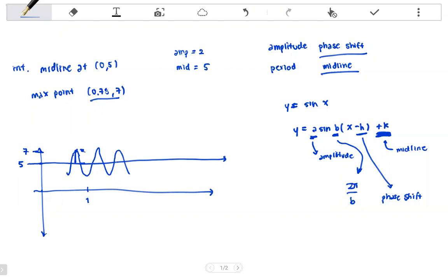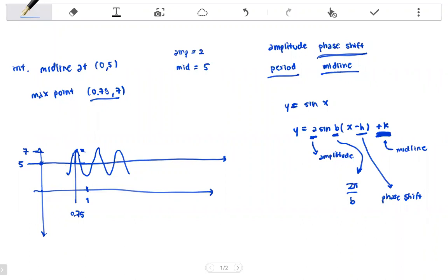What else do we need to know to write an equation? Well, we need to know phase shift, and we need to know period. Okay, well, let's see. We know that this point is 0.75, and it intersects at 0.5.